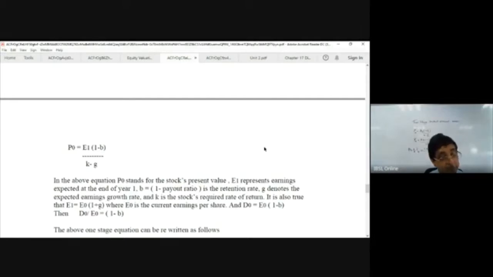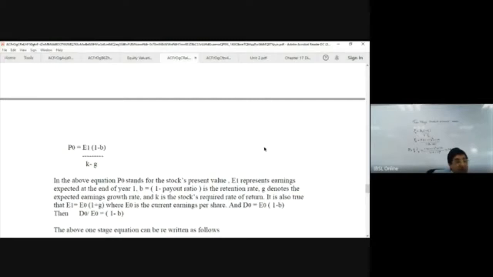In the place of D1, we can put E1 into 1 minus B. We have already gone through that, and that relationship is true. D is the payout of earnings. Dividends are created through earnings. Part of earnings you pay out as dividends.